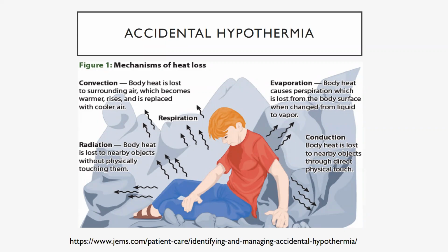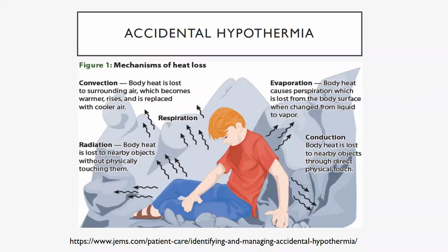Convection is where body heat is lost to the ambient air. Warm air rises up, cooler air surrounds it, absorbs the heat, rises up. That's how you're losing heat. Evaporation is when people sweat because the body's at a higher temperature, and it changes from liquid to vapor form.